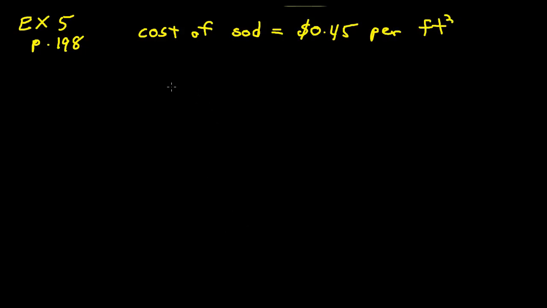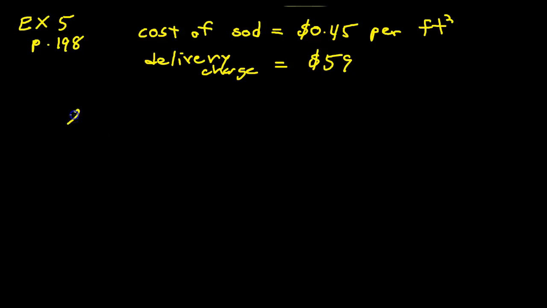All right, the flat rate delivery charge for any number of sods is going to be $59 per delivery, right? All right, now we have to have an equation. If the total cost of delivery plus the sod was $284, how many square feet of sod was delivered?